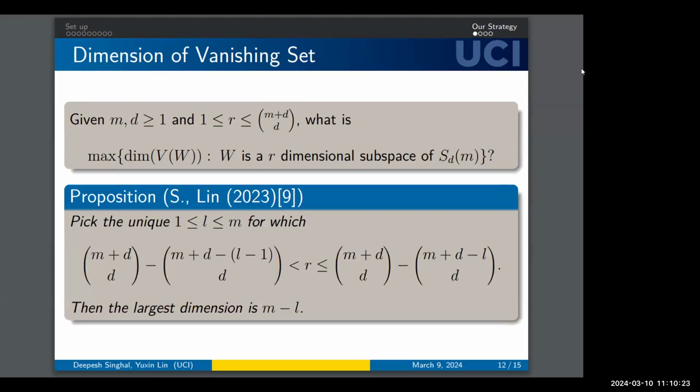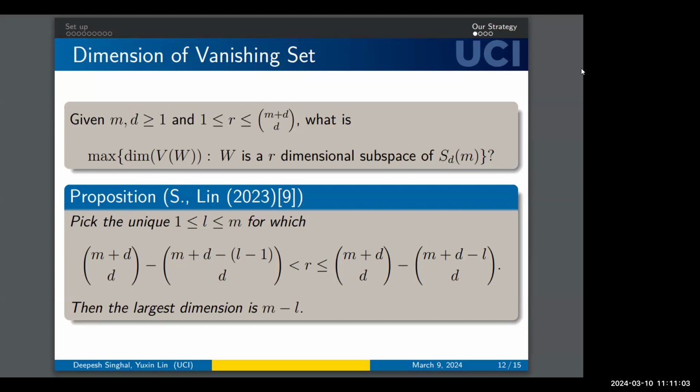And here, we show that the number L that was appearing earlier, based on which subinterval R is in, this L is the smallest codimension. So the largest dimension of the vanishing set of W can be is M minus L, where L is determined by which range R is in. That's great. That gives us some geometric insight into this vanishing set of W.